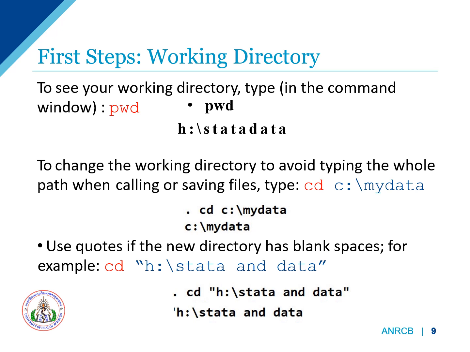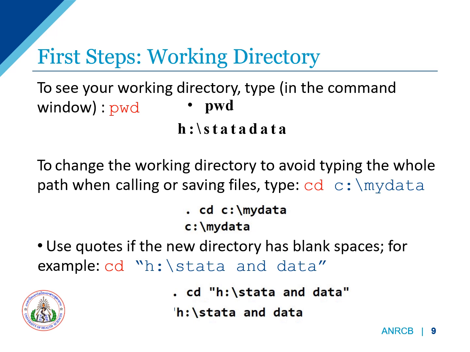The bold black text is what Stata returns in the results window when you execute the command. To see where your working directory is, you can type pwd, and Stata will return the directory in which your data will be stored. In this example, we have a directory in the H drive called Stata Data.